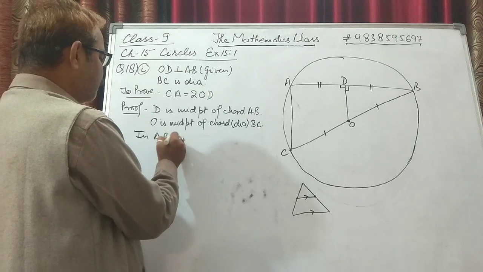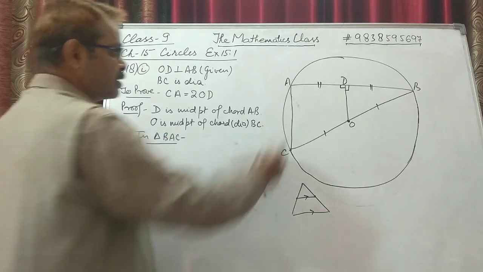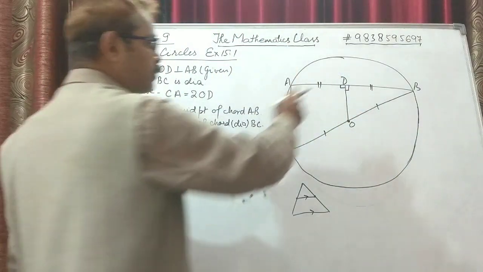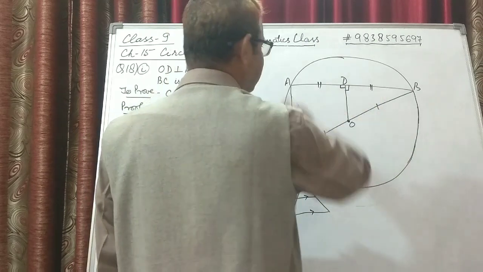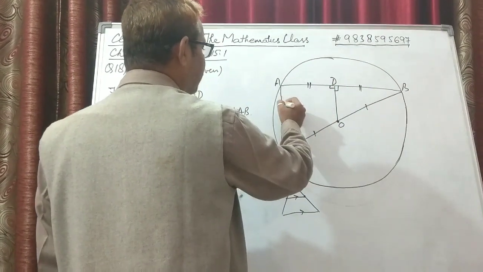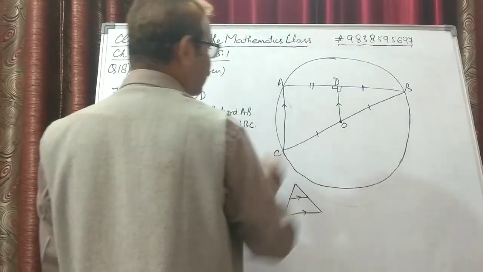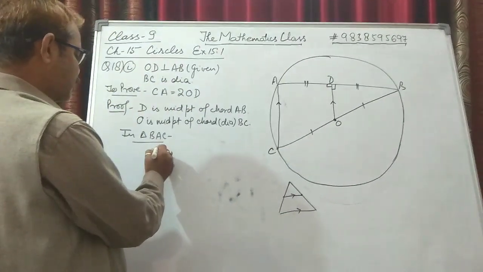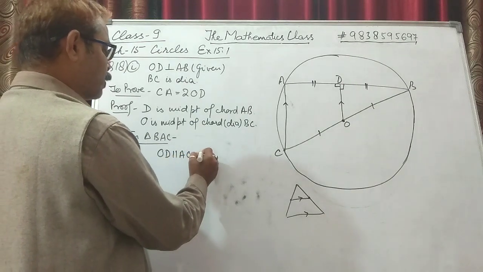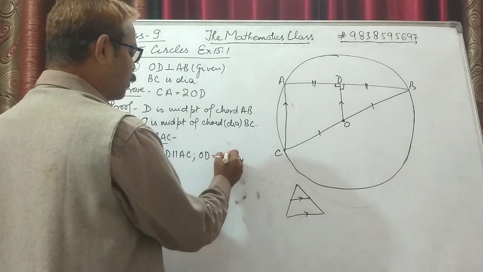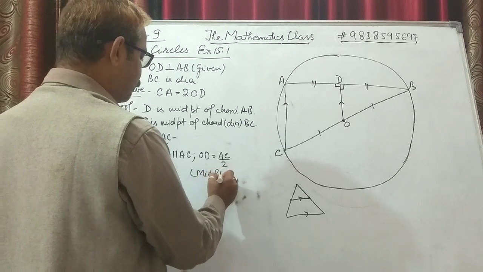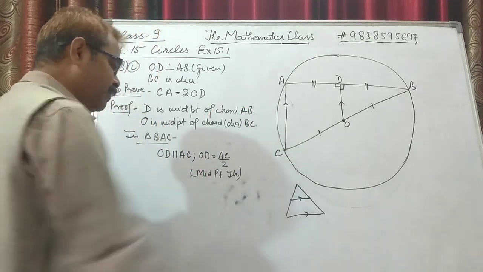In triangle BAC, you can see a line OD joins midpoints of the sides BA and BC. So OD will be parallel to AC and OD will be half of AC by midpoint theorem. This we have studied in the previous classes.